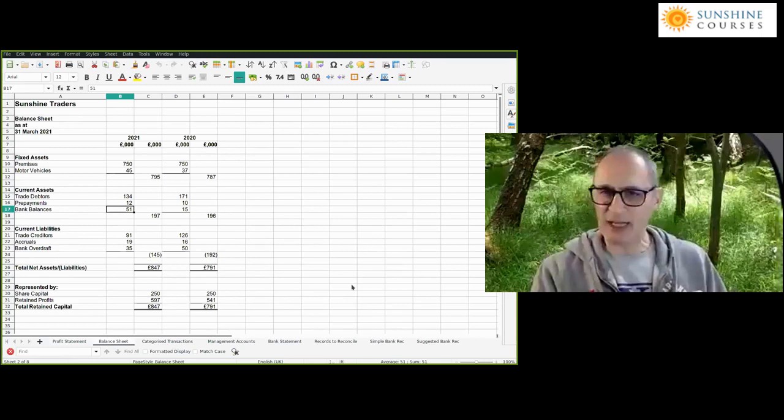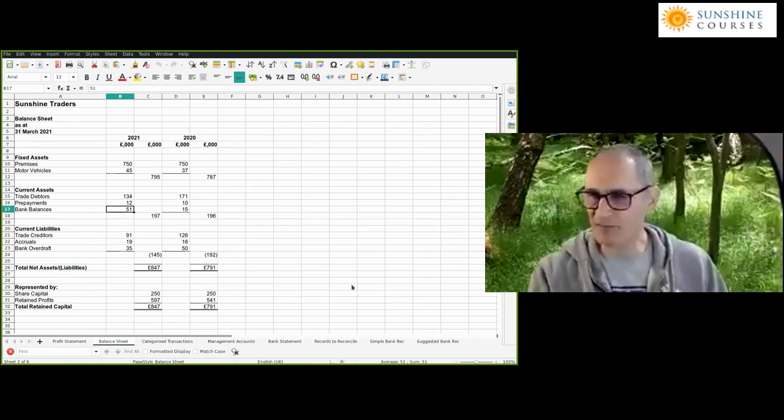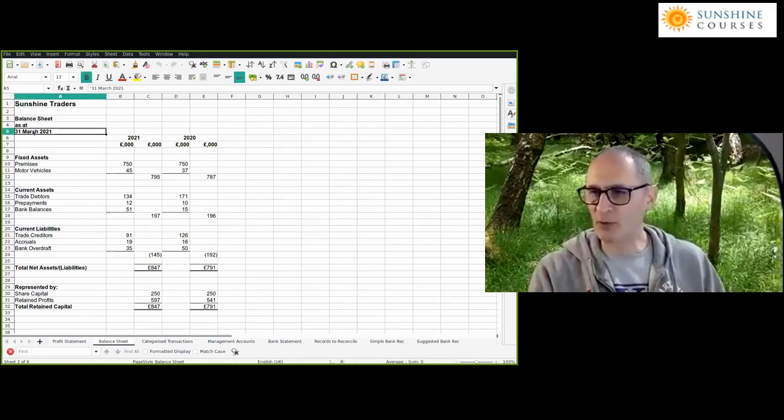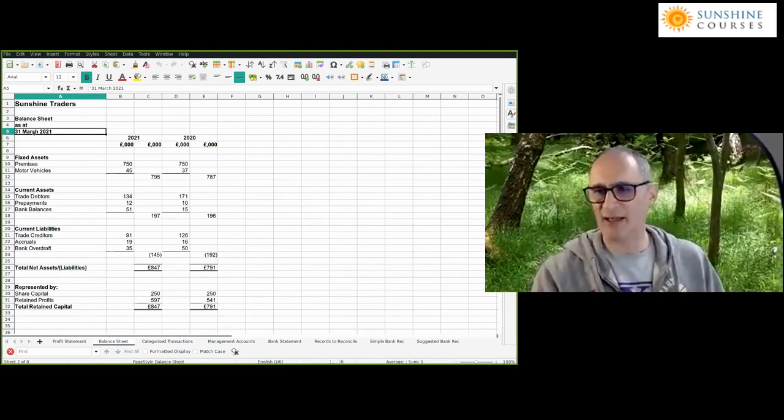And typically, if there's a very large transaction that's changed, and the bank balance, for example, is very substantially different from what it was at the balance sheet date at the 31st of March, maybe we're talking to them in the middle of April or middle of May, they may well forget that we're not talking about today.